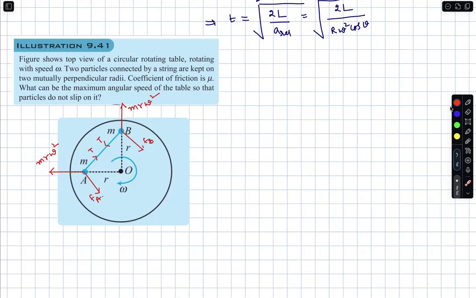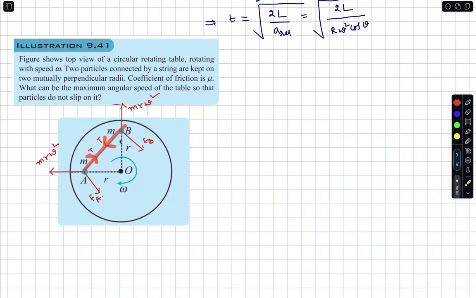All your focus requires to be on the screen right now. Here is the mass. Here is another mass. Irrespective of whether the string exists or not, there is the pseudo force on each. Next, the string is connected and taut, so therefore tension force, tension force.